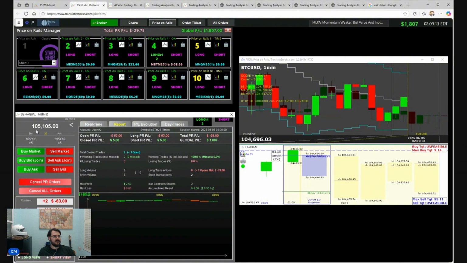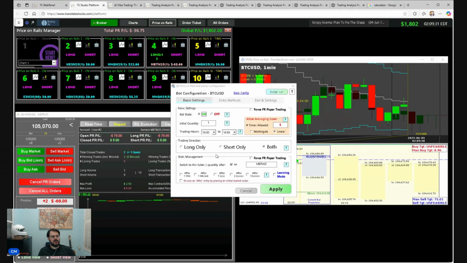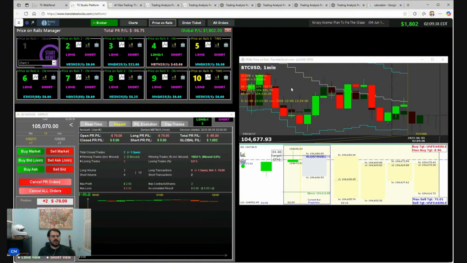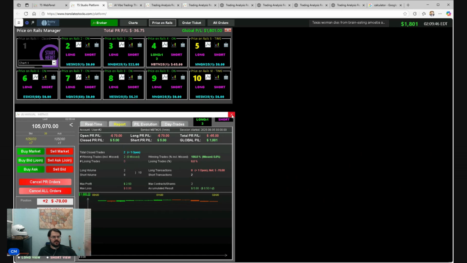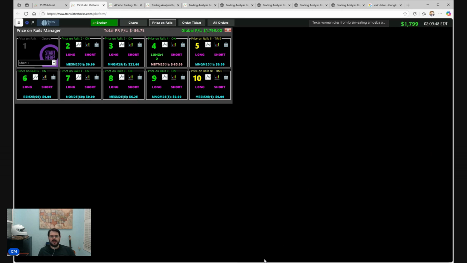On the left we have the price of the MBT, the micro Bitcoin on the CME, and on the right we have the price of the BTC USD, the Bitcoin itself. So we are having different pricings here because the configuration goes with the MBT all the time. We are never trading Bitcoin itself. We are just using it to trigger the micro Bitcoin. And that's it. We can have a lot of strategies going on inside here.